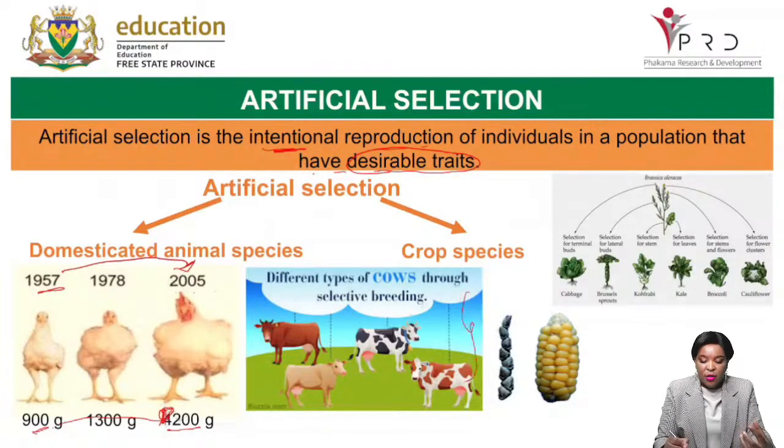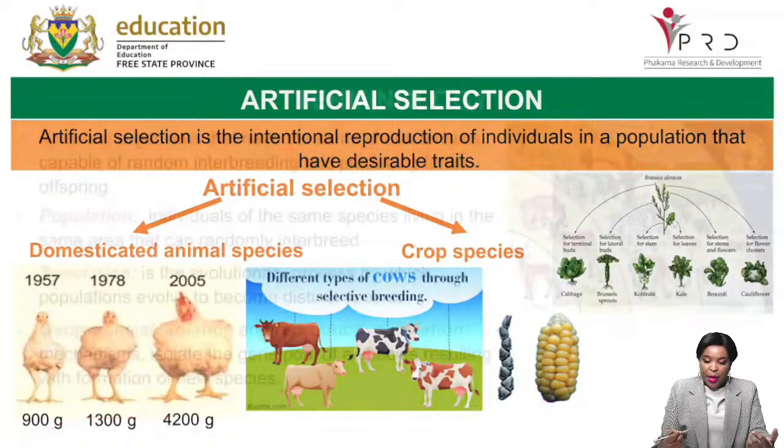You can breed cows that can yield more milk, or you can breed cows that can give you more meat. Whatever the desirable trait that the humans want, they will select it artificially and then breed according to what they want. They can do that also with the crops over there. So that is just an example of artificial selection.